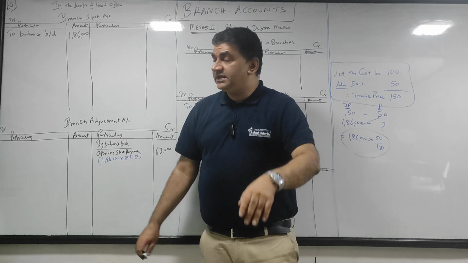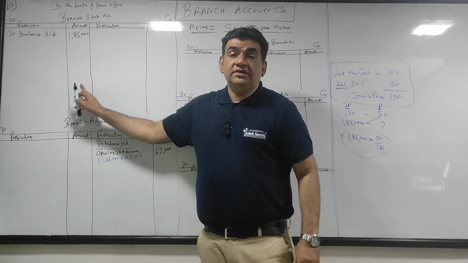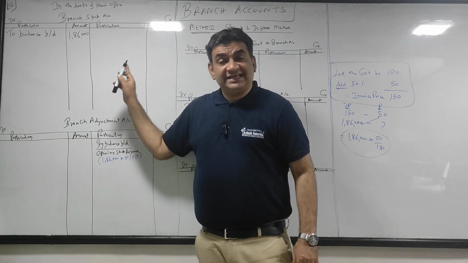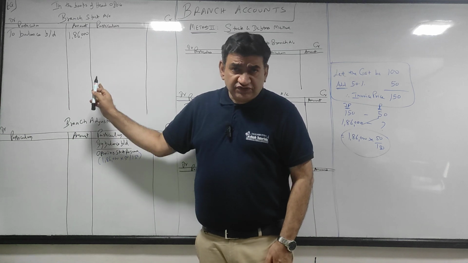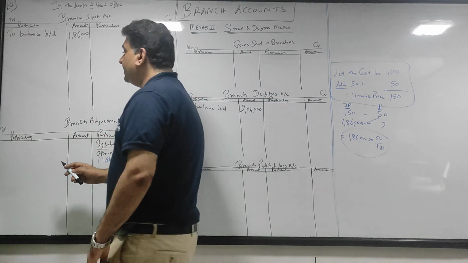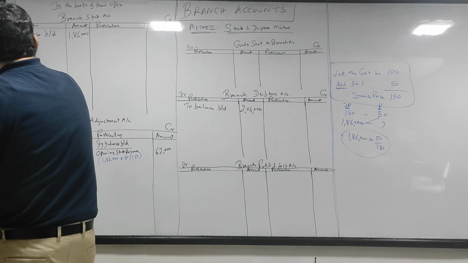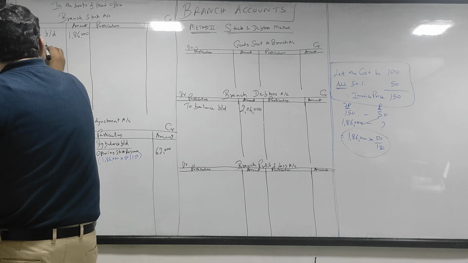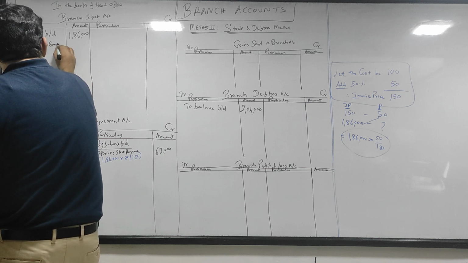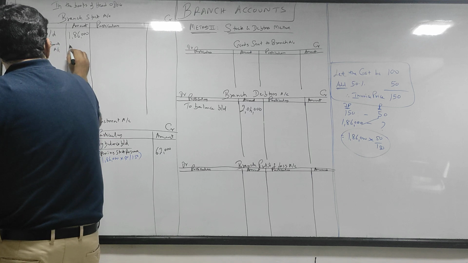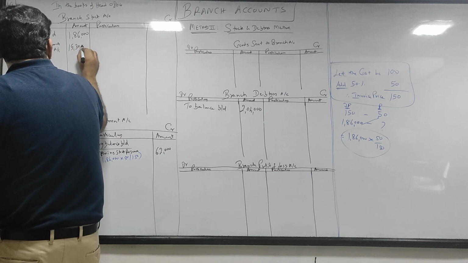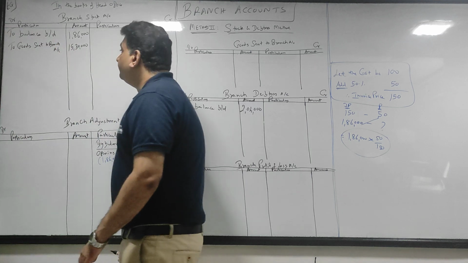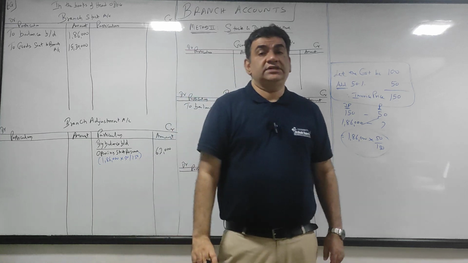When goods come in, we debit branch stock. When goods go out, we credit. Branch will receive. This is goods sent to them. So you will put here to goods sent to branch account, that is 15,30,000.